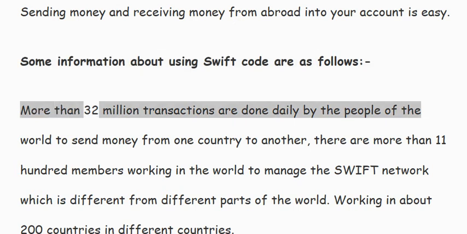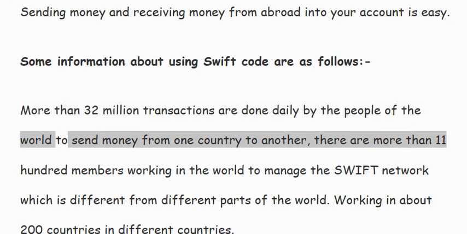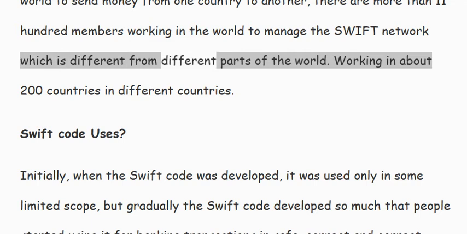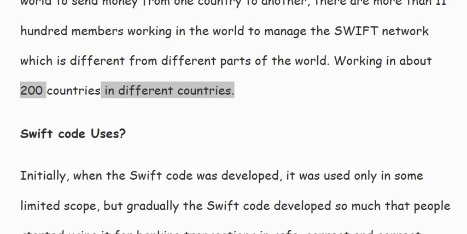More than 32 million transactions are done daily by people of the world to send money from one country to another. There are more than 1100 members working to manage the SWIFT network, from different parts of the world, working in about 200 countries.